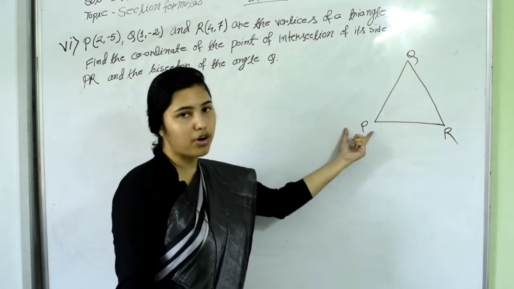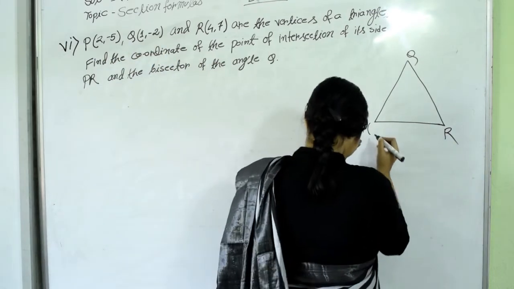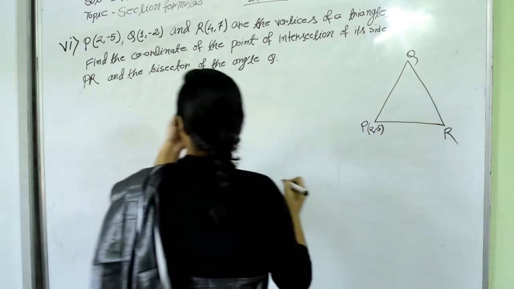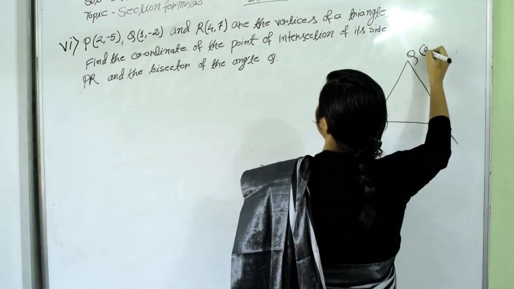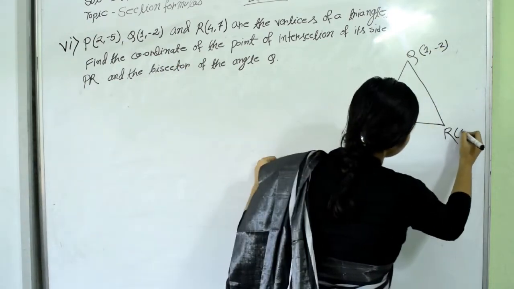Here the coordinate of the point P is 2, 5, Q is 1, minus 2 and R is 4, 7.